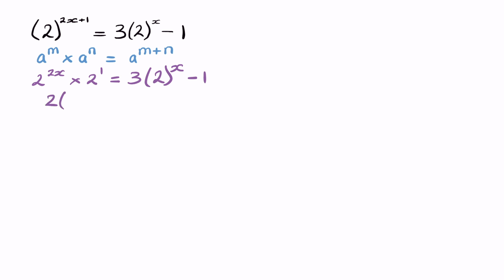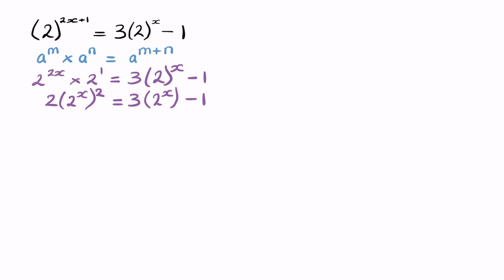Then I'm going to pop a bracket there and say 2 to the power of x. Then I'm going to take the 2 on the outside, the squares on the outside. So I'm happy here, that's what I wanted: 2 to the power of x isolated. And then on the other side, we have 3, keep the bracket, and now I can put 2 to the power of x inside that bracket, subtract 1.